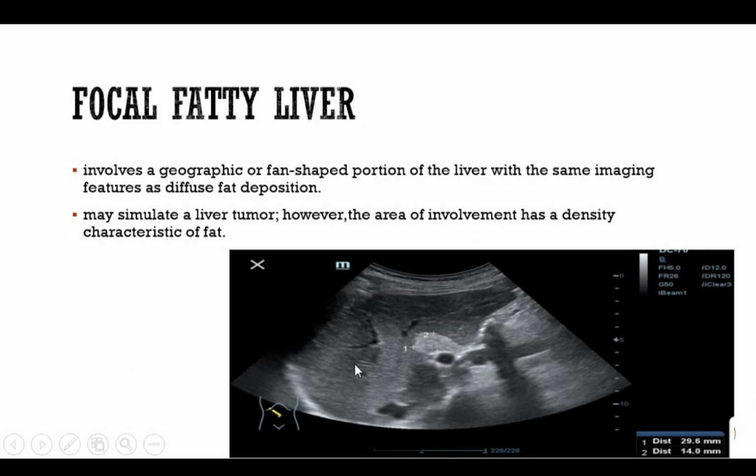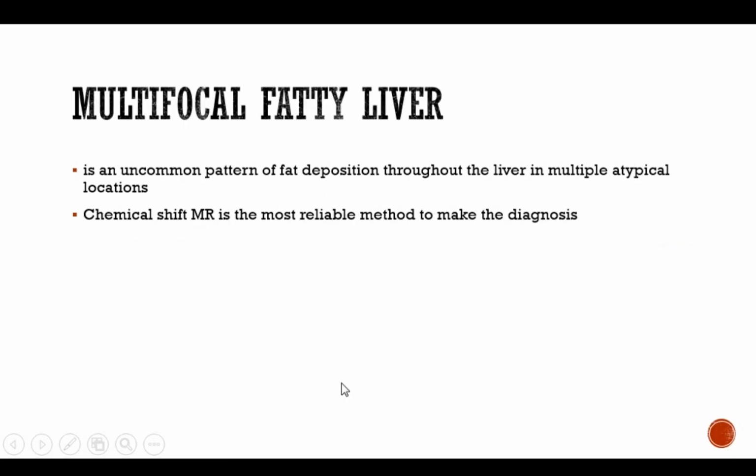Now, the reason why I talked about fatty liver in my presentation is that it has variable patterns of infiltration. First of all, there could be focal areas of fatty infiltration, as seen in this image. This is a focal area of higher echogenicity than the rest of the liver. Next slide. Or it could be multifocal, in which multiple areas of the liver are involved.